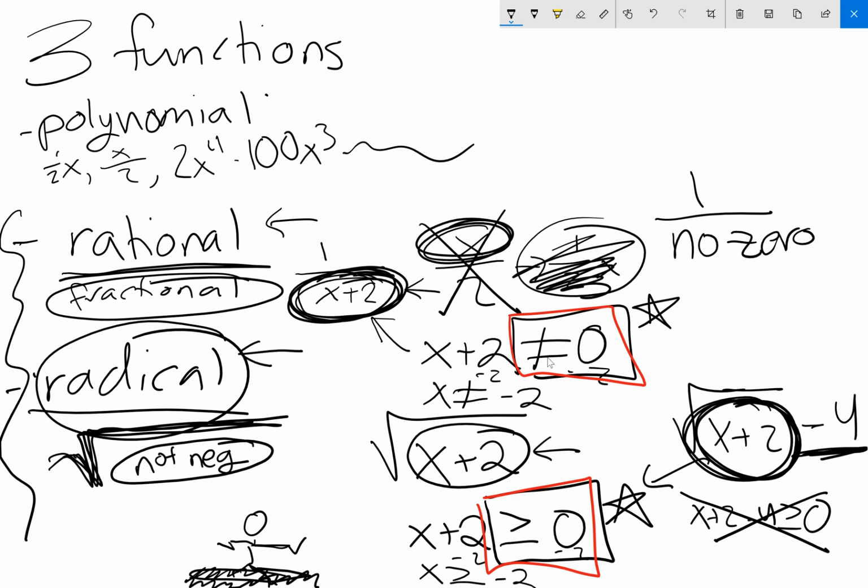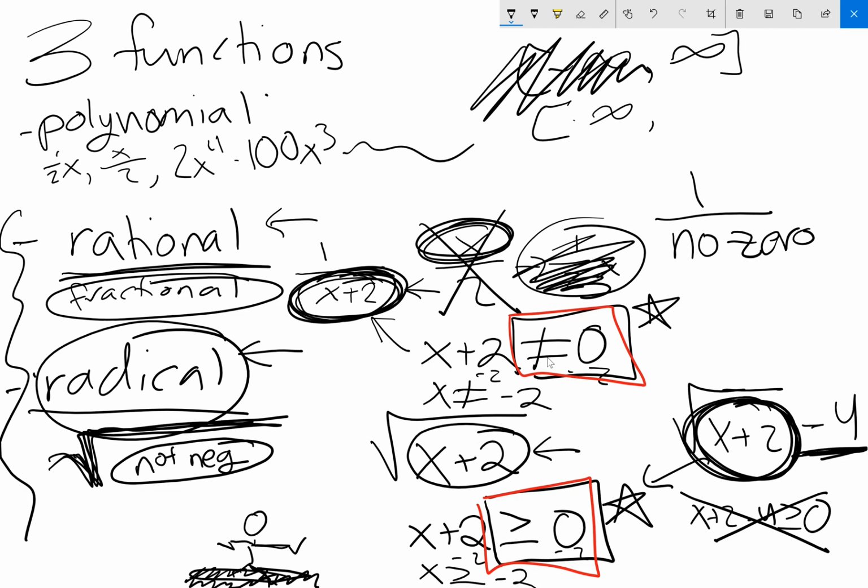Radical has a bit more radical of an approach. It's saying, I don't want any negative numbers. From negative infinity to positive infinity, this guy is like, I don't want half of this. Whereas rational is a little more rational. He's saying, of all the numbers, I just don't want a 0. That's not too much to ask.